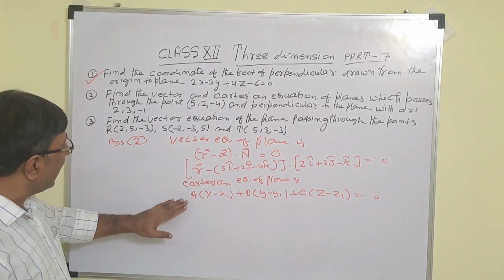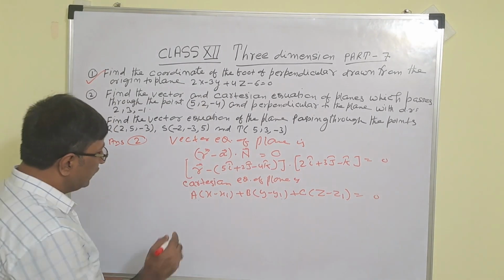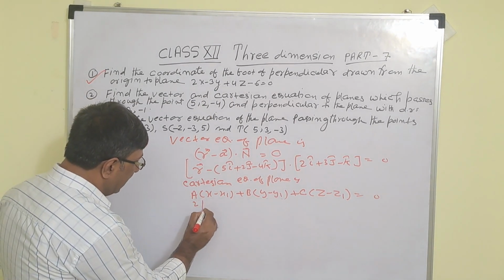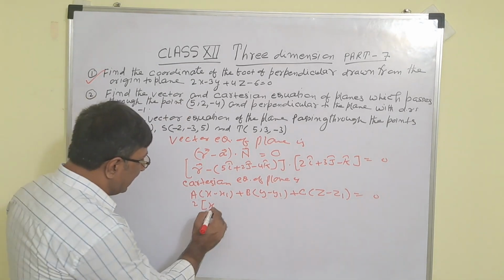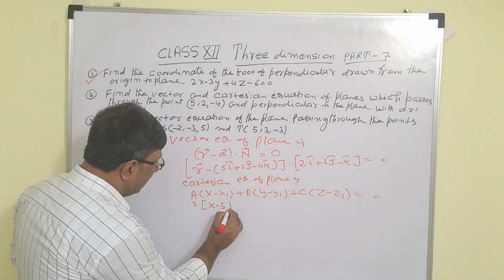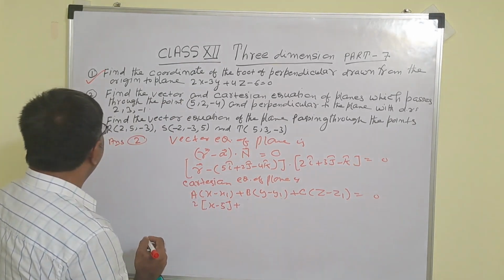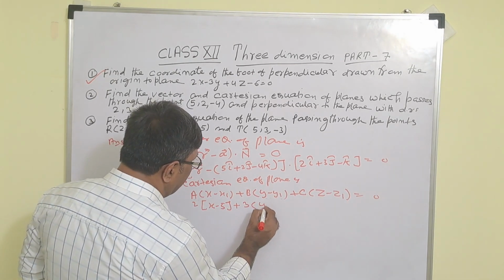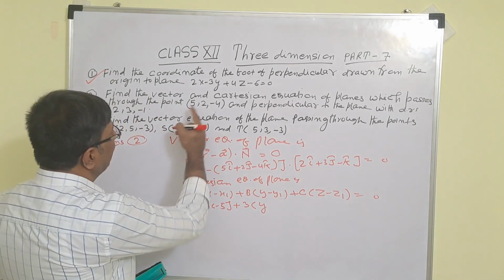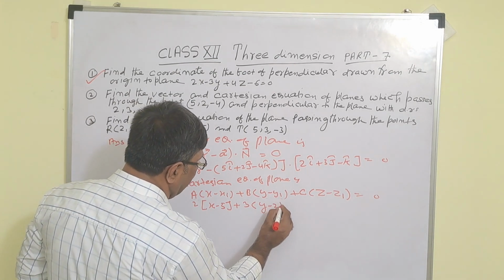So here the direction ratio a is given as 2. So this is 2, x is x, x1 is given 5, so this is x minus 5, plus b is given 3, so this is 3, y minus y1. y is y, y1 is given 2, so this is y minus 2.